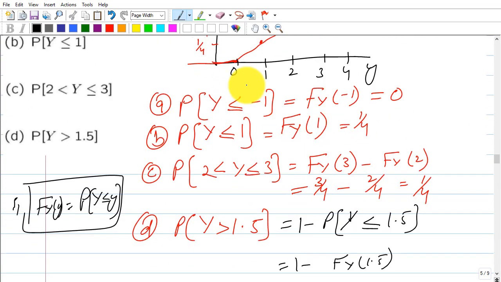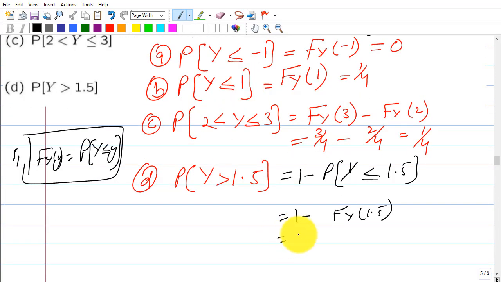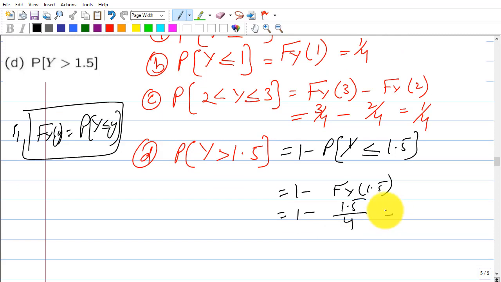So that would be our 1.5 by 4. Now just solve it, and we will get 5 by 8. So we have seen how simple it is to have the CDF of a certain continuous random variable, and how we can easily find out the probabilities at any point defined between the intervals.